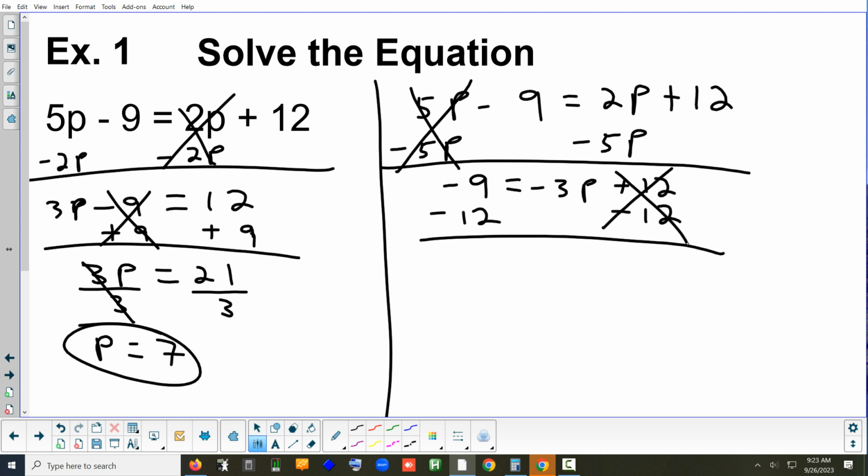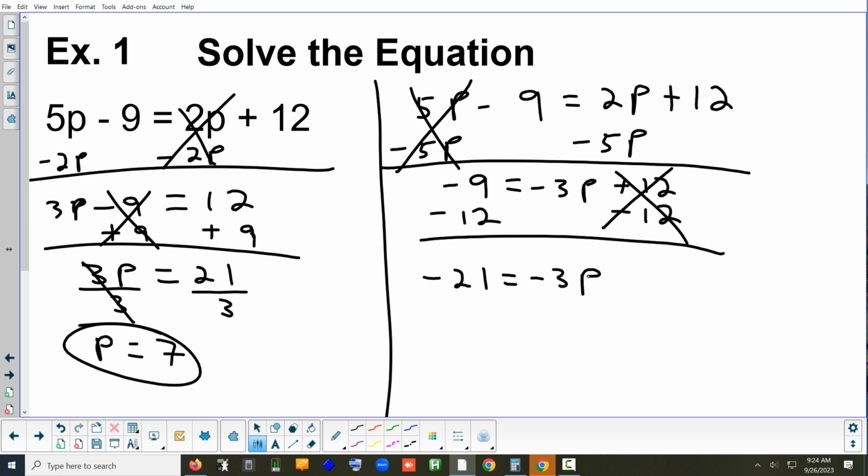If you had 9 plus 12, that would be 21. But this is negative 9 minus 12, so it would be negative 21. And then on the right side, you would still have negative 3p.